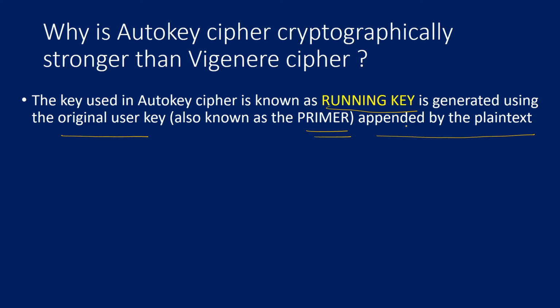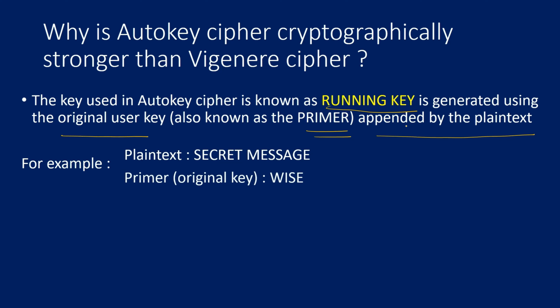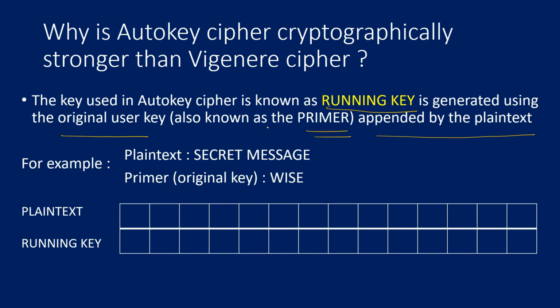So for example, let us take the plain text secret message which has to be encrypted with the key, that is the primer, known as wise. Let us see how a running key would be formed. The plain text in this case is secret message, while the original key that is given to us, which is also known as primer, is the word wise.